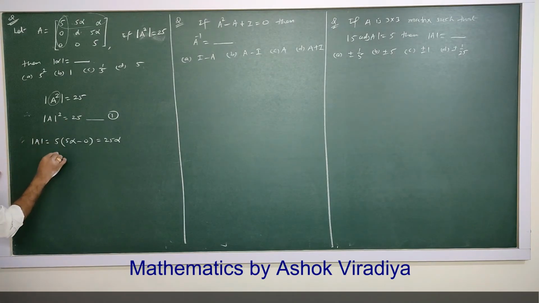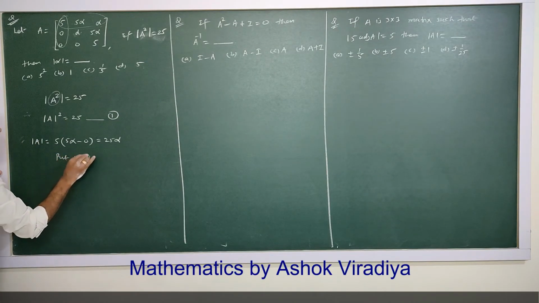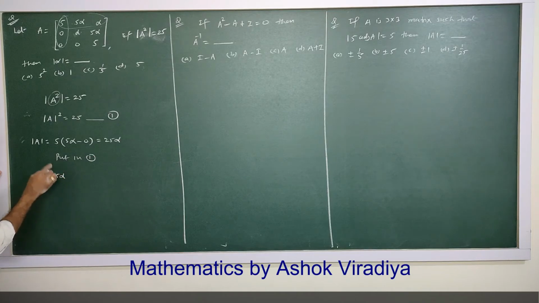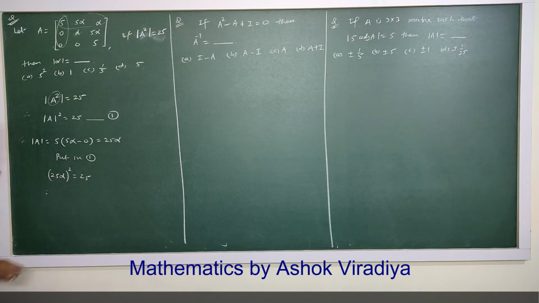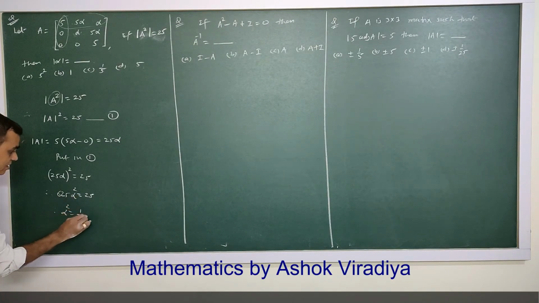So using the first column we have found the value. Putting in, 25 alpha is determinant A, then put its square, it is 25. So 625 alpha square is 25.